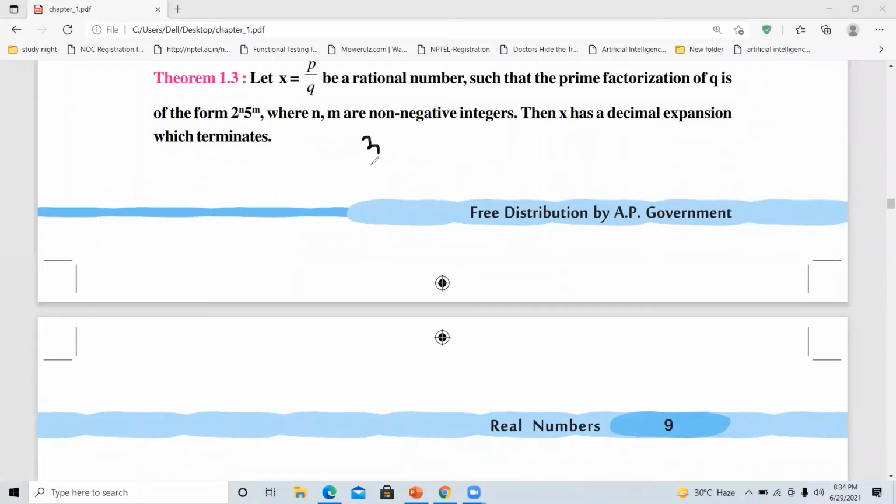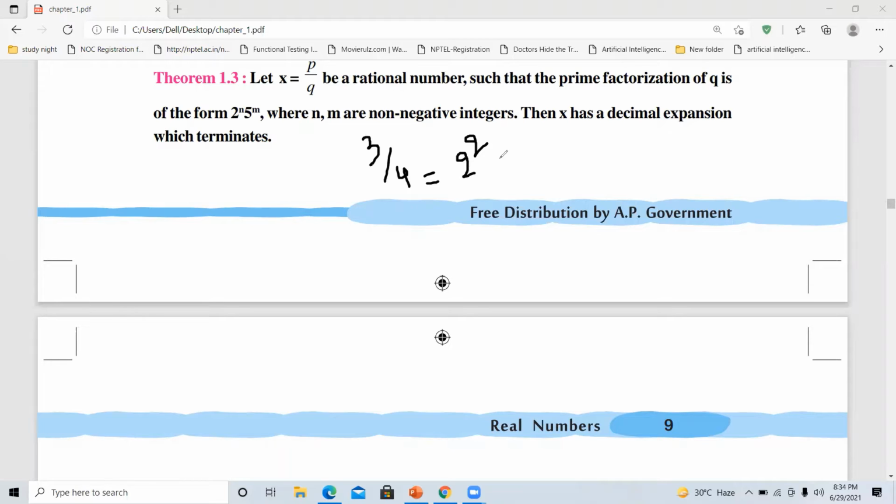If we consider 3 by 4, we can write 4 as 2 square. So it is in the form of 2 power n. Then we have to check whether 5 power m is possible or not. Yes, 5 power m is definitely possible.